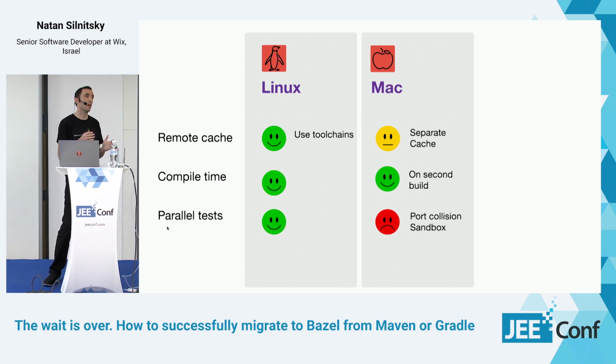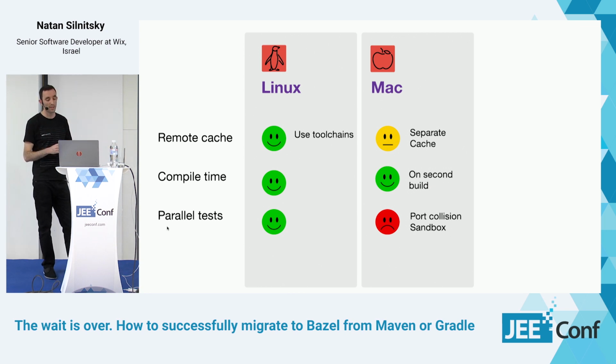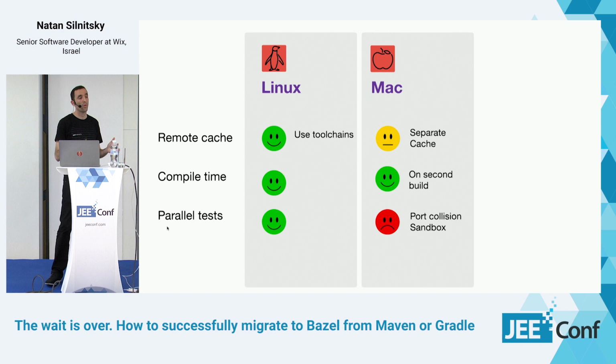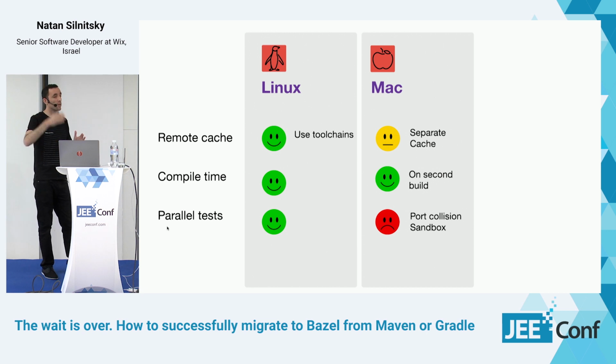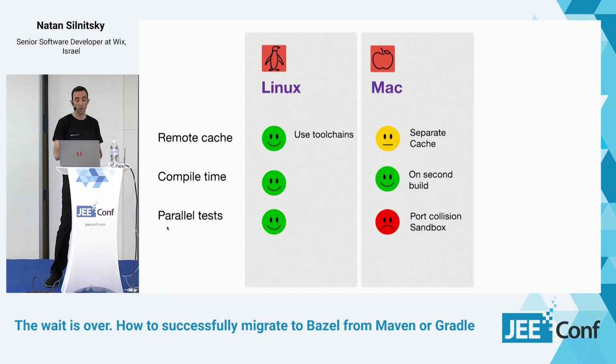There is a Mac sandboxing solution for file system, but nothing really for network isolation. So that means they will get port collisions and all kinds of issues. So at Wix, we had to have the configuration where unit tests run in parallel, but integration tests have to run sequentially. So that slows down the execution locally on Macs.